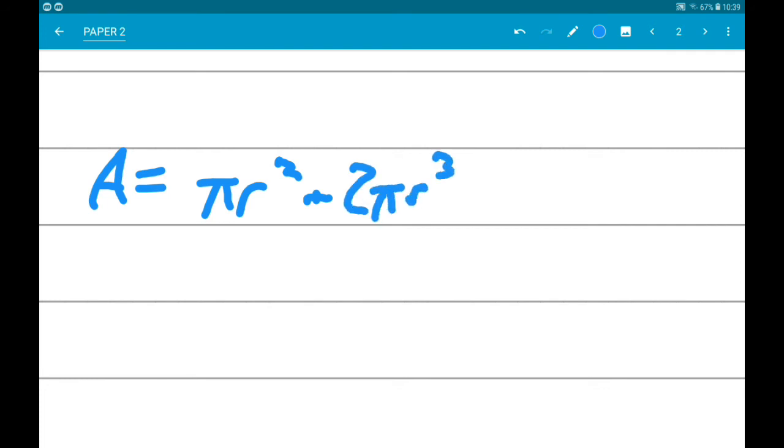Okay, now we have the outer body of the cylinder. So the length of the cylinder is the circumference of the circle, so that's 2 pi r, and then the area is 2 pi r h.